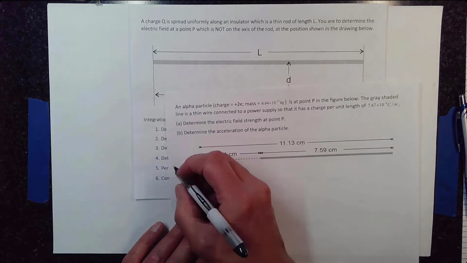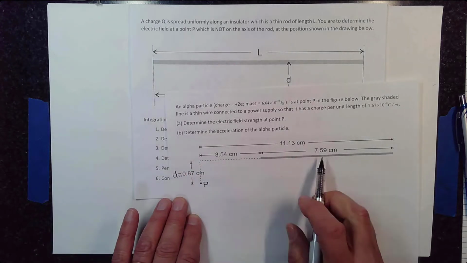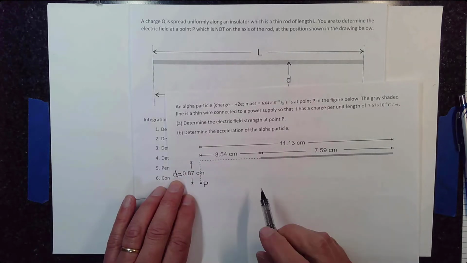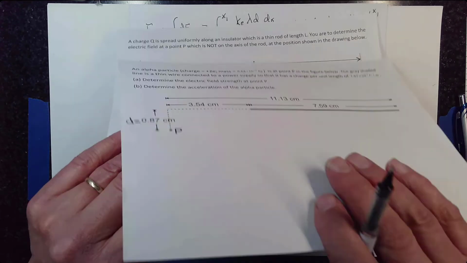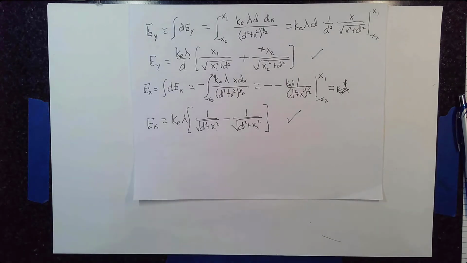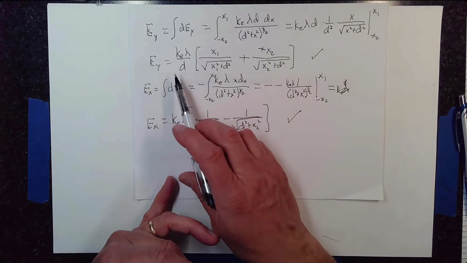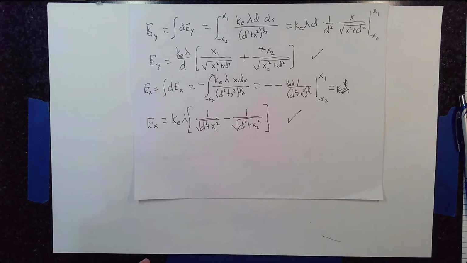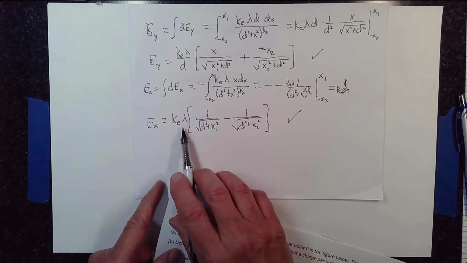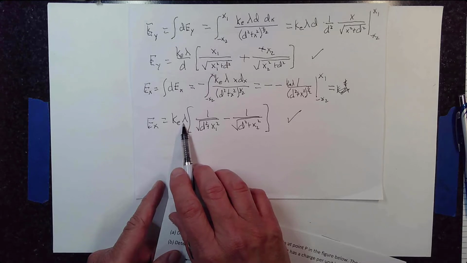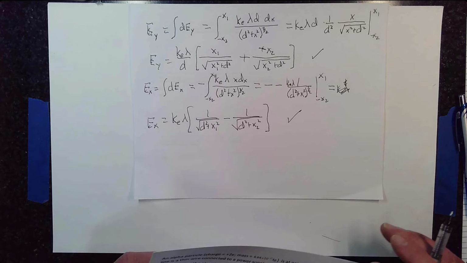So I'm just going to call this distance that we are away from the axis of the line of charge d, as we had in the previous problem. And in that previous problem, we found the y and the x components of the electric field depending on the charge per unit length of the charged insulator. And so we can reuse these expressions.